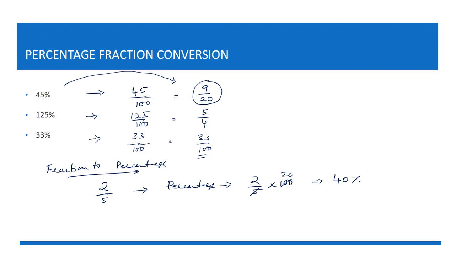Correct. You clear with this? Fine. Suppose you want to convert 1 by 4 into percentage, this is 1 by 4 into 100. So 4 25s are 100, 25 1s are 25%.